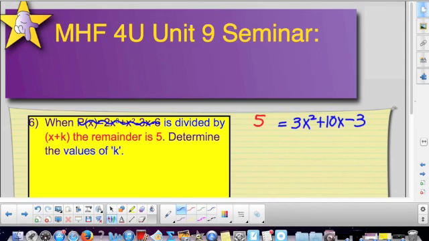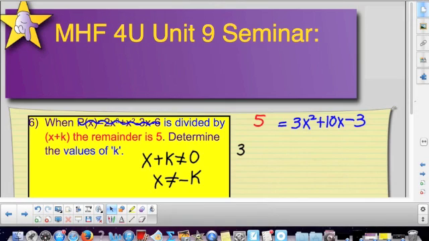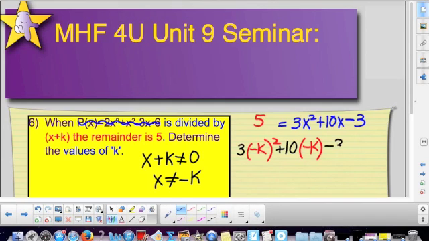Now I know the restriction: x plus k cannot be equal to 0. That means x cannot be equal to -k. So I have 3 times -k squared plus 10 times -k minus 3 is equal to a remainder of 5.